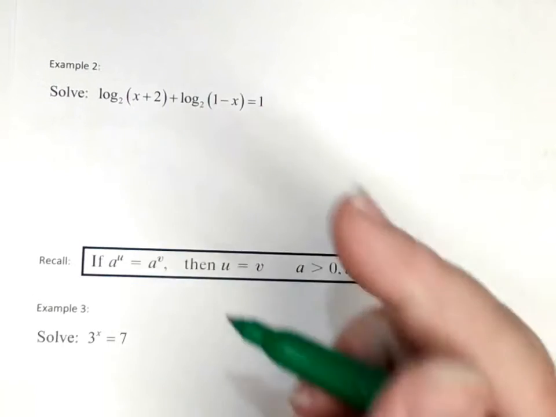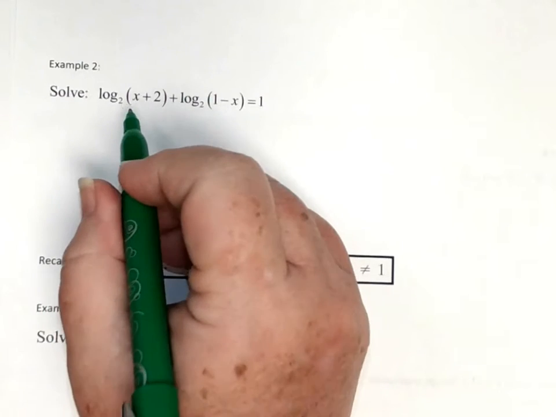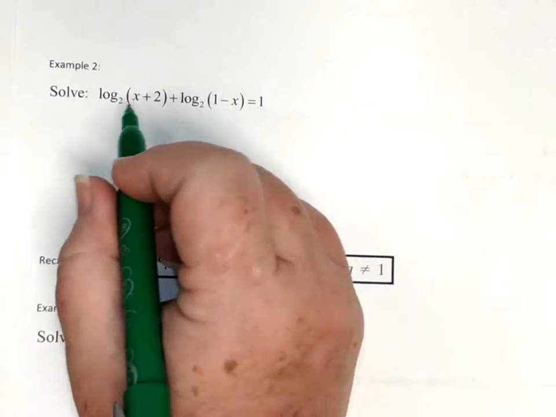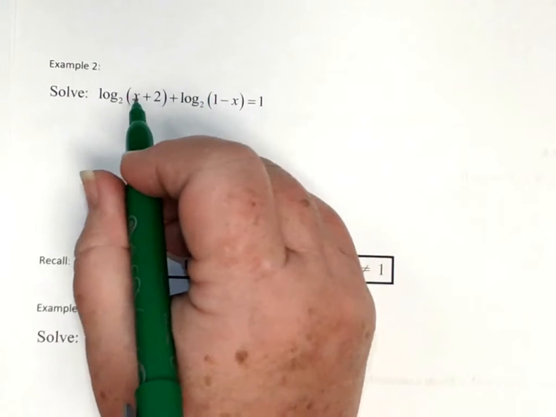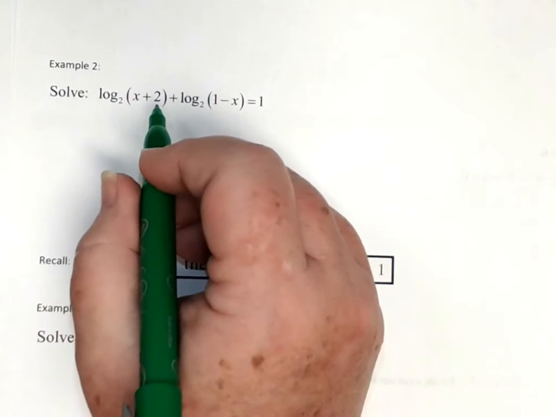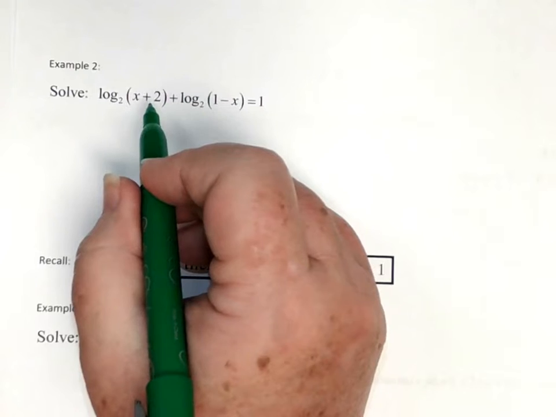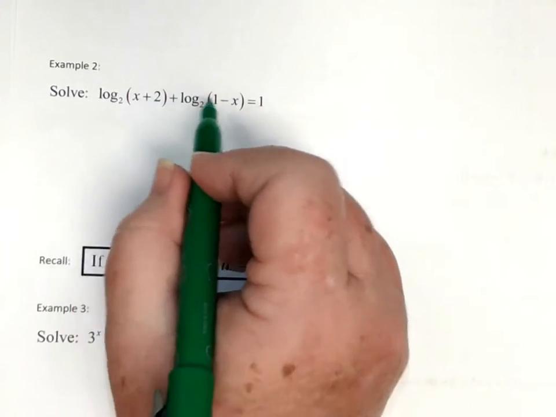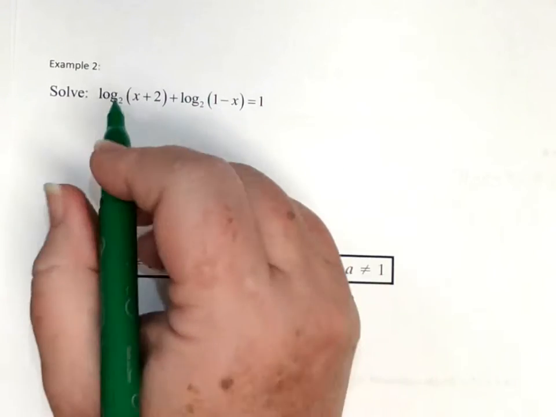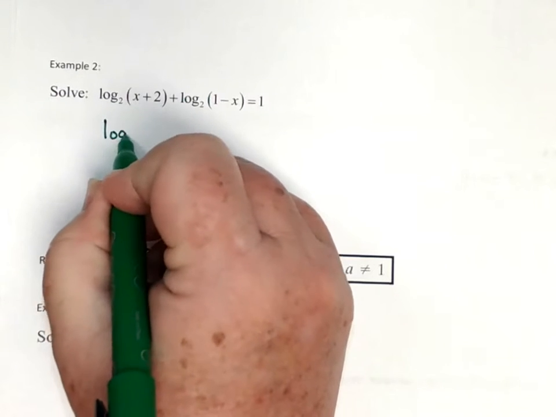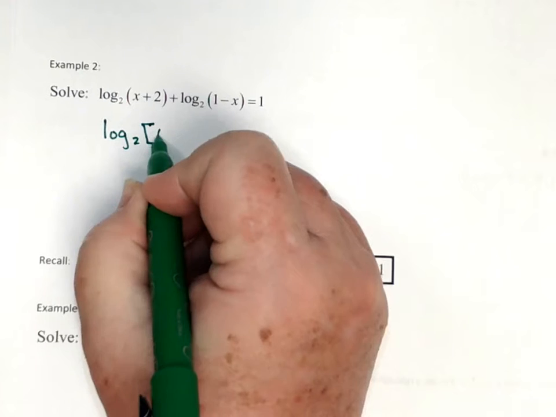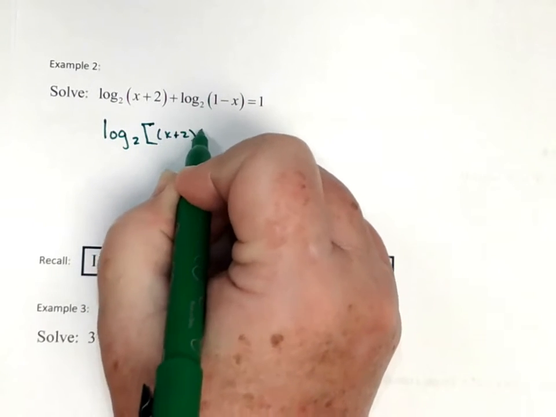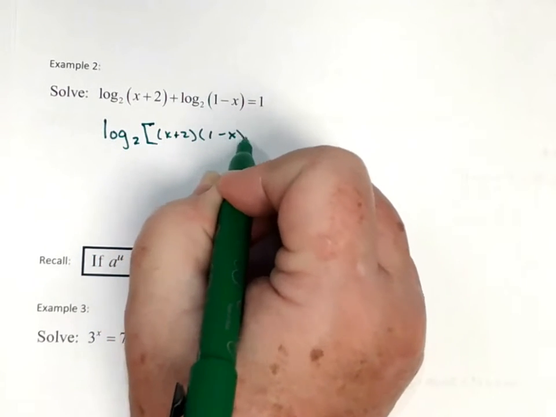Now on problem 2, I want you to notice that there are 2 logarithms that are added together. And we're going to need to simplify that down into 1. Remember back to section 5.5 when we used the sum, turning it into a product of the 2 arguments. I can rewrite this as log base 2 of the product of x plus 2 times 1 minus x.